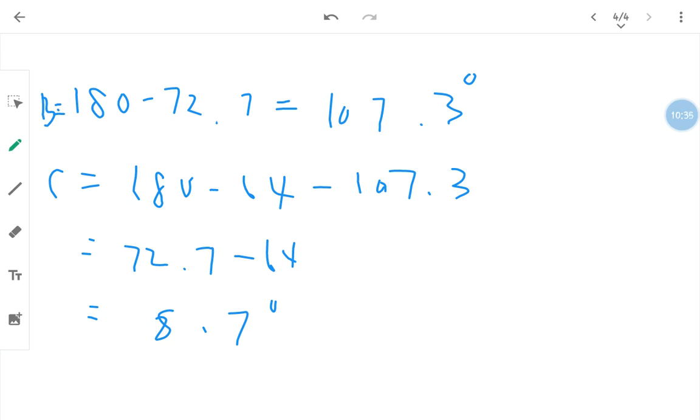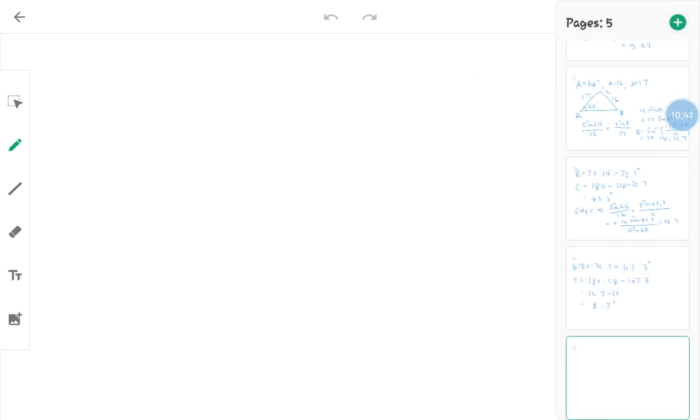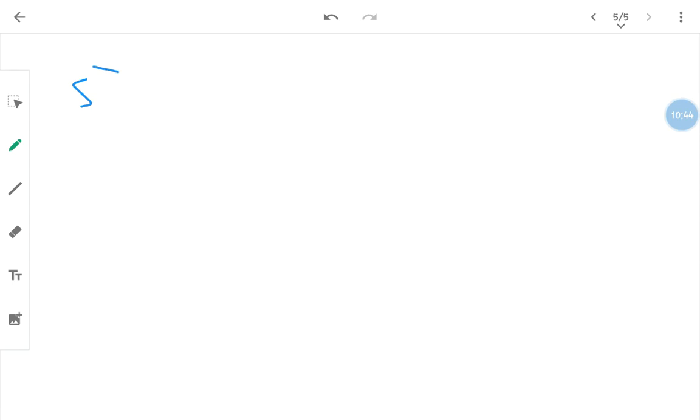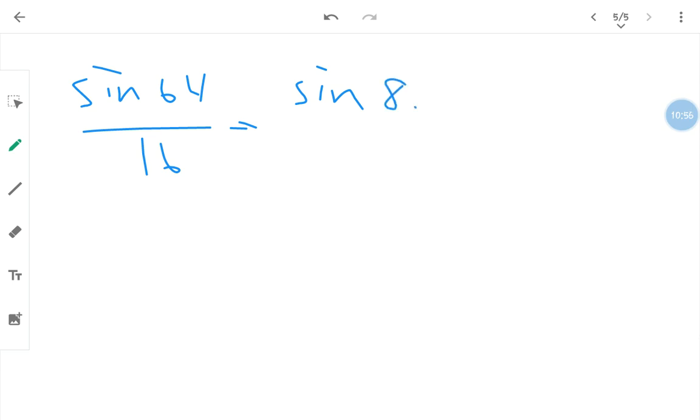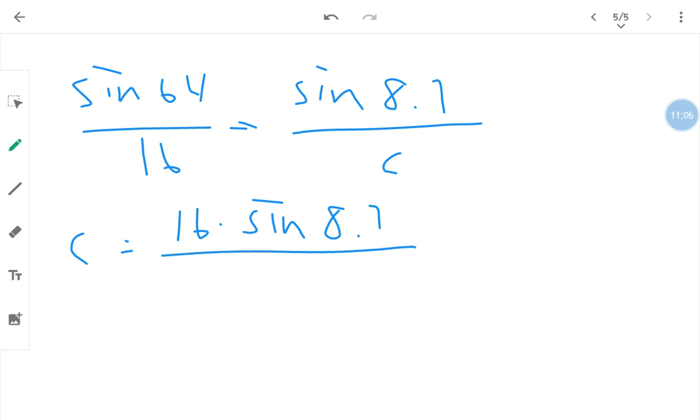Alright, so what should I do now? I need to get side C. Sine 64 over 16 equals sine, what was the degree? That was 8.7, over C. So how can I get my C? 16 times sine 8.7 degrees over sine 64.